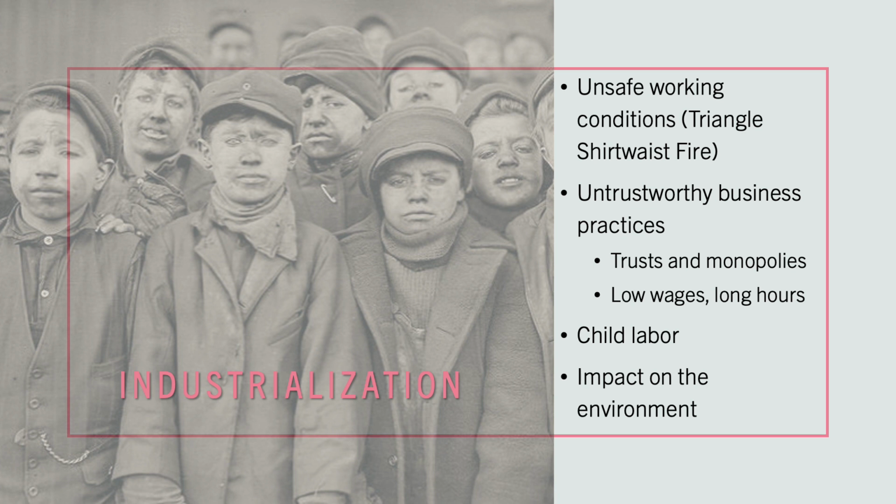Most poor families sent their children to work as young as 6 or 7 to help support the family. These children were also working long hours for even less pay than their parents. Lastly, as industrialization was new, nobody had ever considered the impact that all of these factories would have on the environment, but we began to see an immediate negative impact on air and water quality.